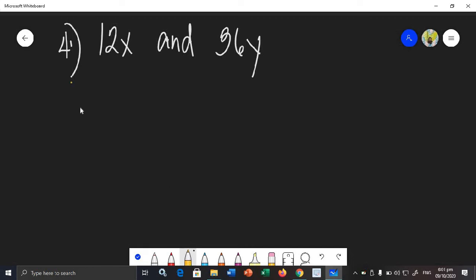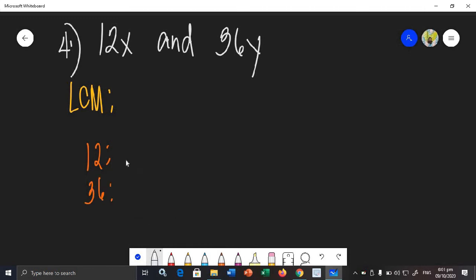let's first find the LCM of the numerical coefficients. What is the LCM of 12 and 36? If you can do it mentally, of course, that's better. But if you can't, you can list the multiples of 12 and 36.